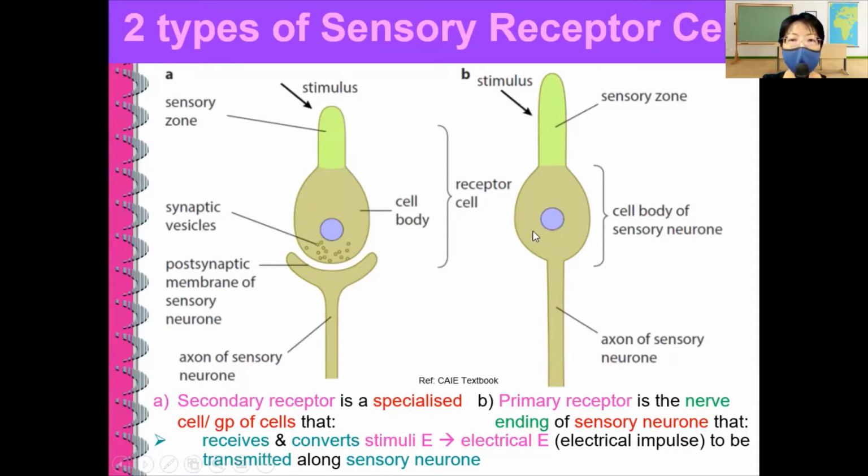Both of them, whether it is the primary receptor or secondary receptor, are able to carry out their function as a receptor, which is to receive the stimulus and then convert the stimulus energy to electrical energy, which is the electrical impulse, to be transmitted along the sensory neuron.